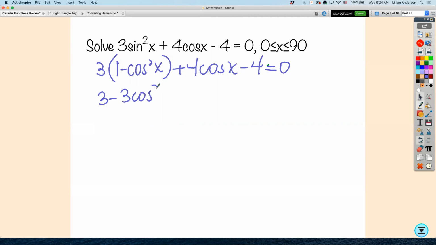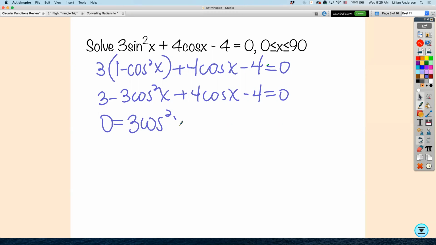Very good. So I distribute. This is another quadratic. Me personally, I like to work with my quadratics when that squared term is positive. So I'm going to move everything over to the right: 3 cosine squared x minus 4 cosine x, and then plus 1.